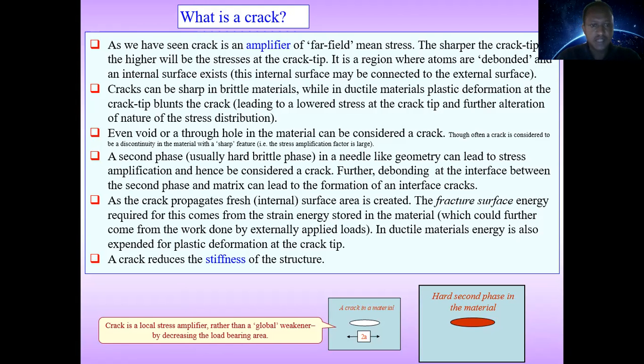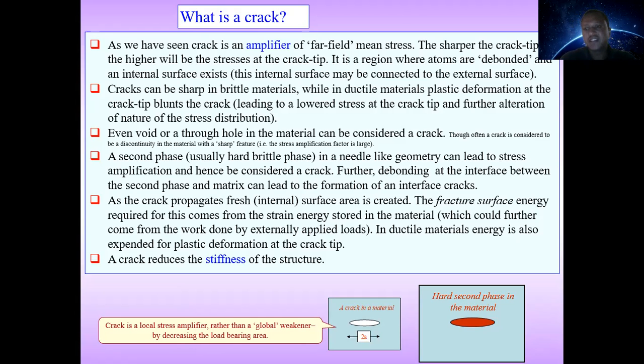Even a void or a through hole in the material can be considered as a crack. A second phase, usually a hard brittle phase, in a needle-like geometry can lead to stress amplification and hence be considered a crack.